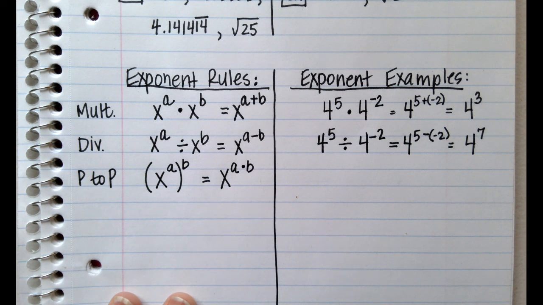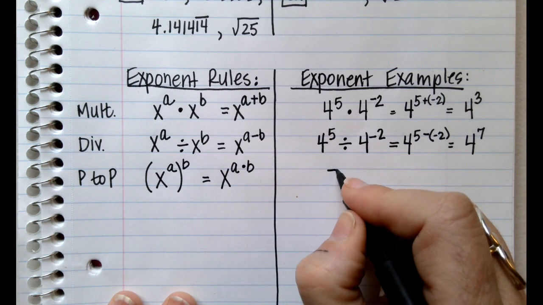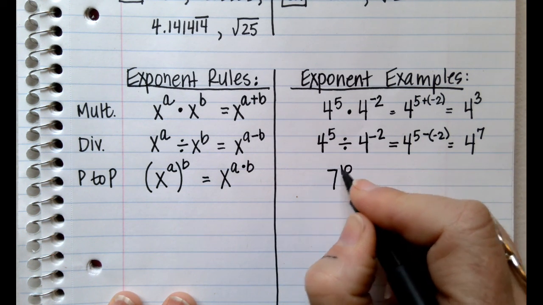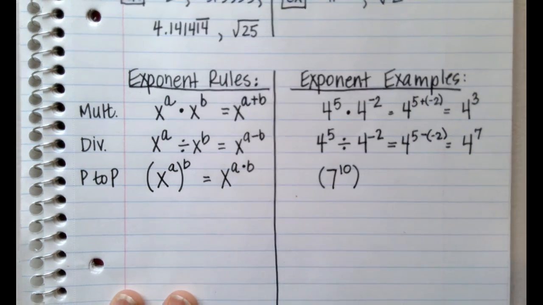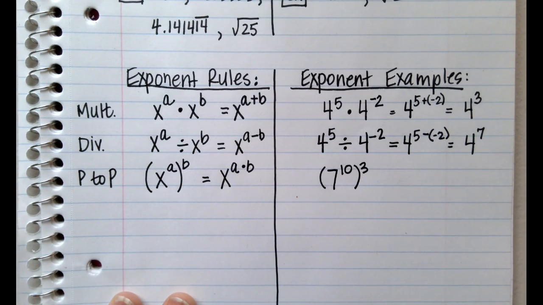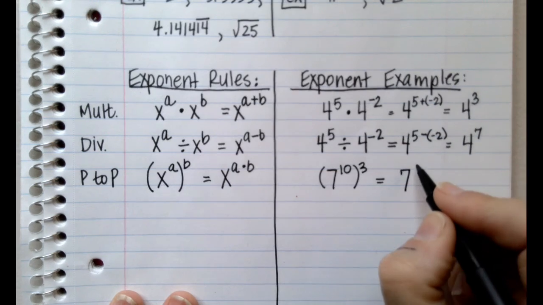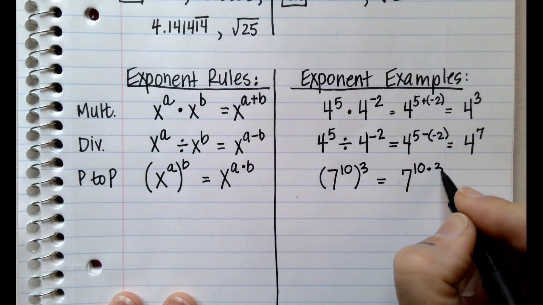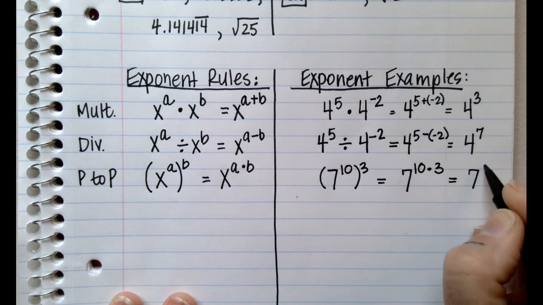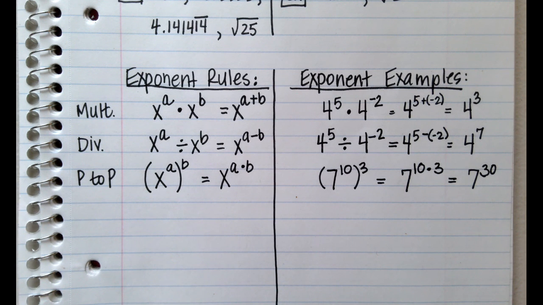So for example, let's say that I had 7 to the 10th power, and that whole thing was being raised up to another third power. I keep my base. I multiply these exponents, 7 to the 30th power.